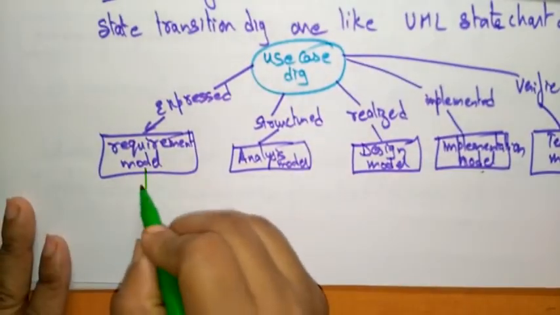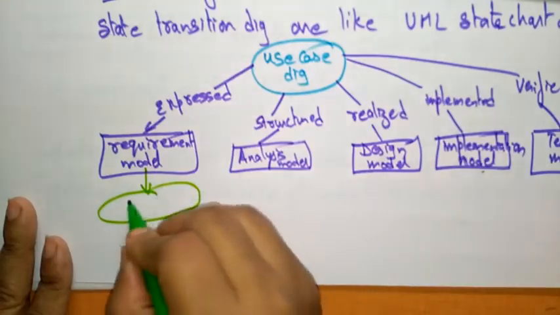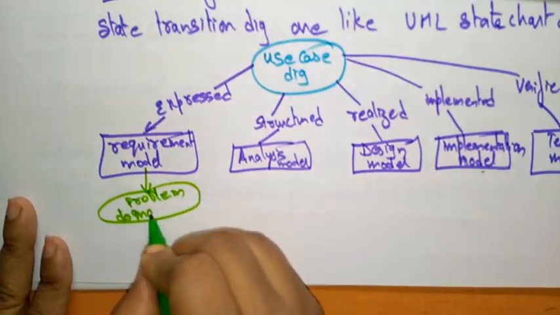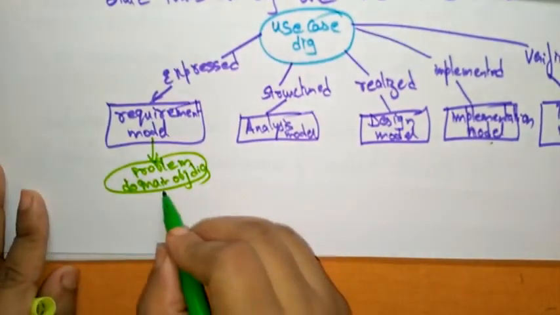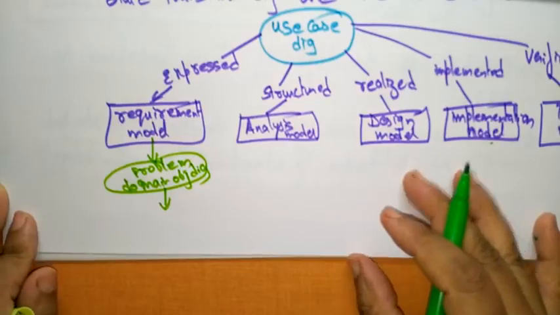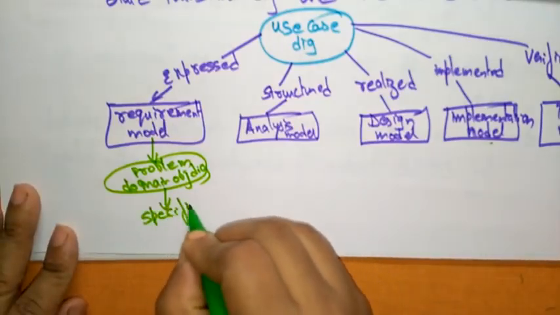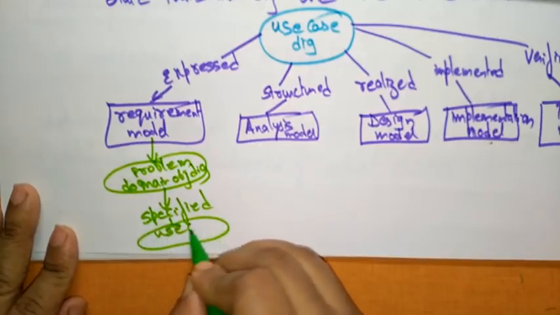After the requirement model you will get a problem domain object diagram, and this problem domain object diagram will specify the use case diagram.